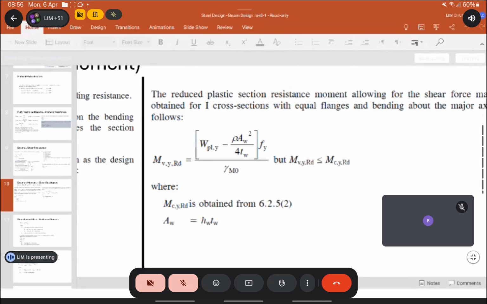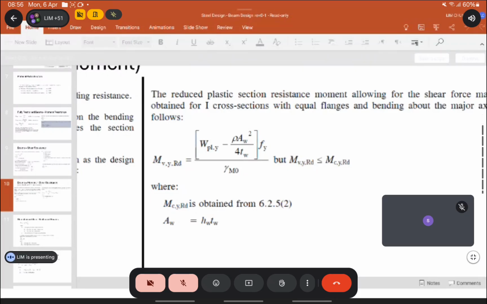If you have shear and moment combined, you have to reduce your moment resistance. The formula helps you calculate the reduced moment resistance, and you use this to check your moment for the beam.